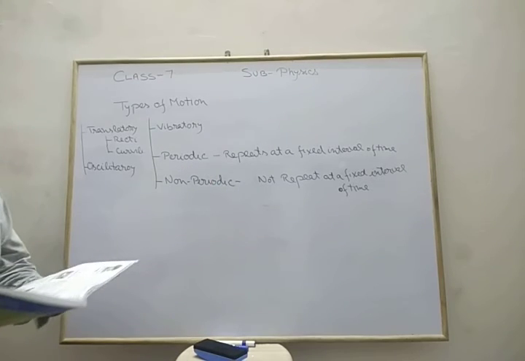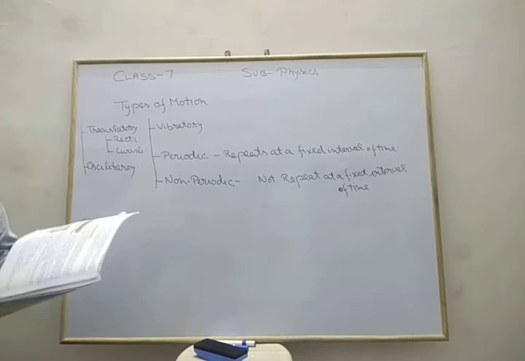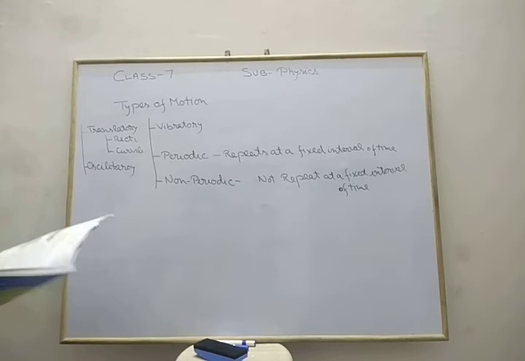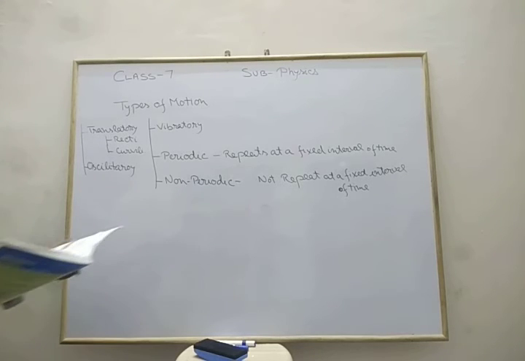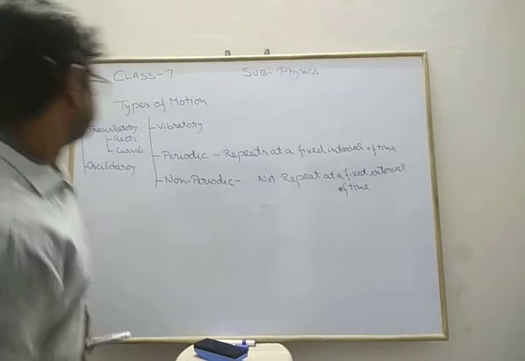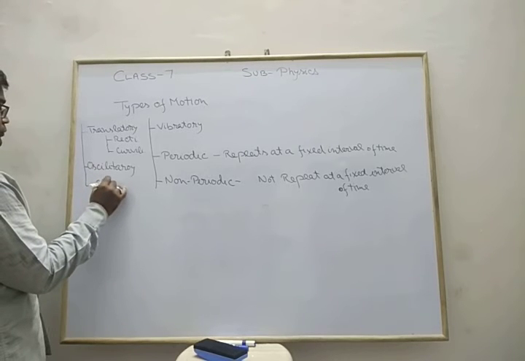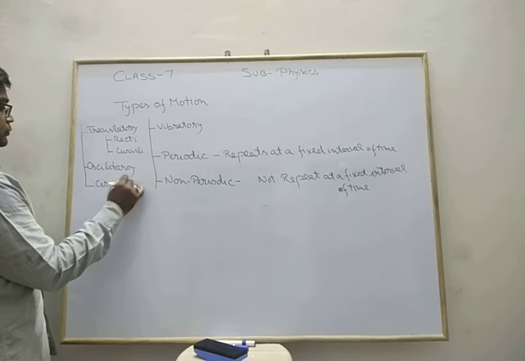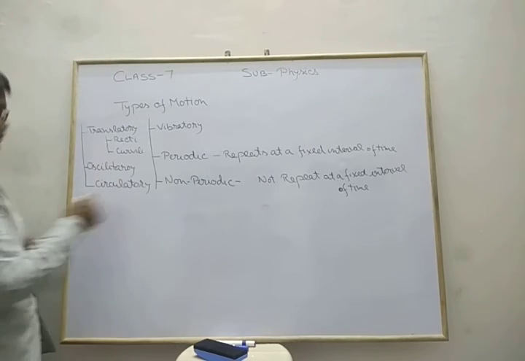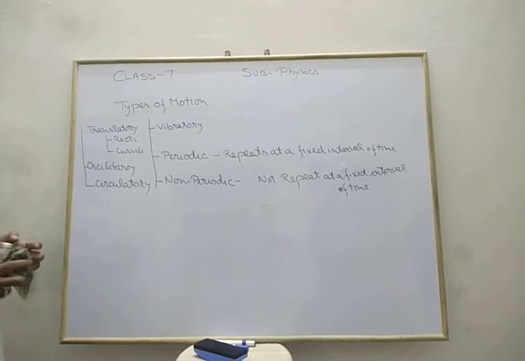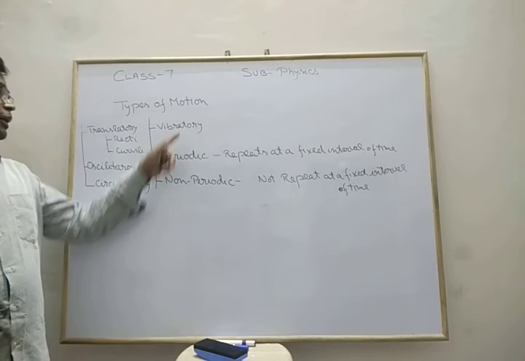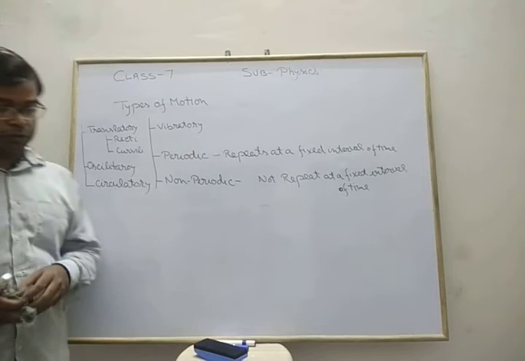One more is left, that is circulatory or rotatory. So we discussed all these types of motion: translatory, oscillatory, circulatory, vibratory, periodic and non-periodic motion.